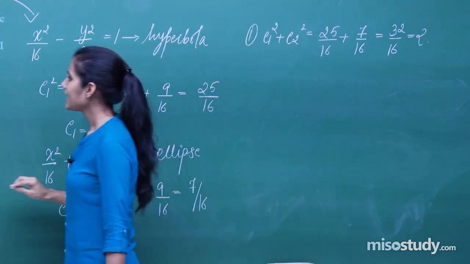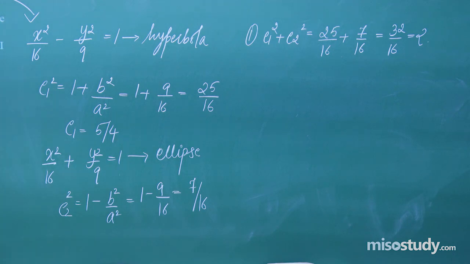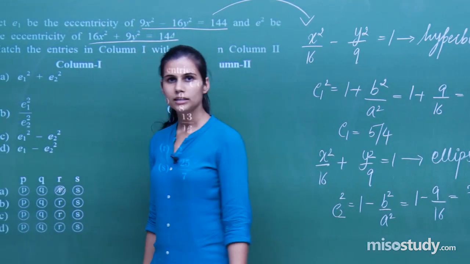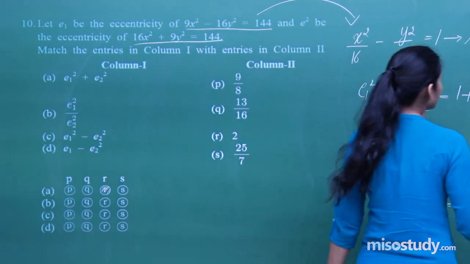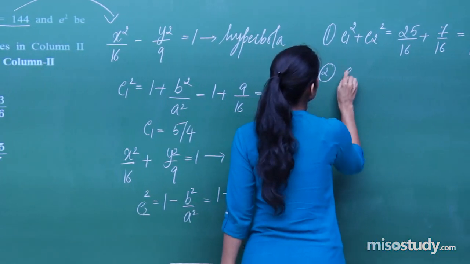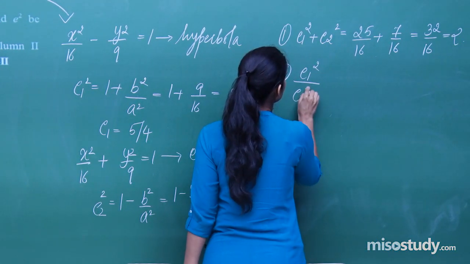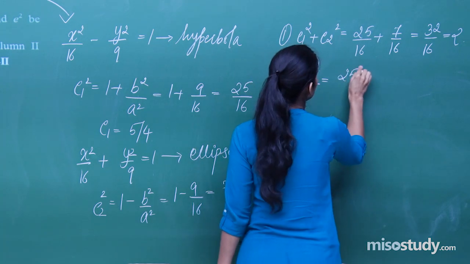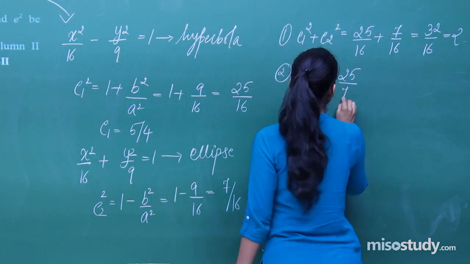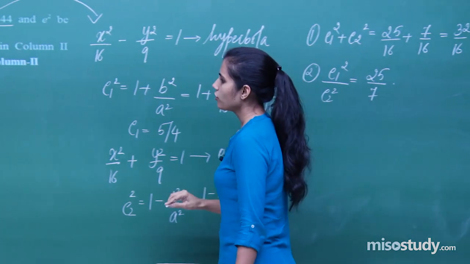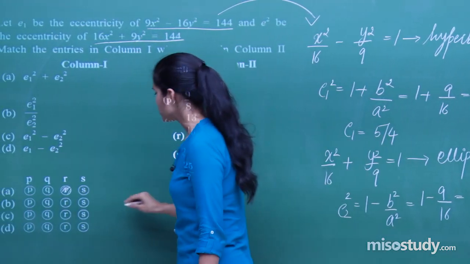So A gets mapped to R. Clear? Then you have E1 square upon E2 square, that is 25 by 7, and B gets mapped to S.